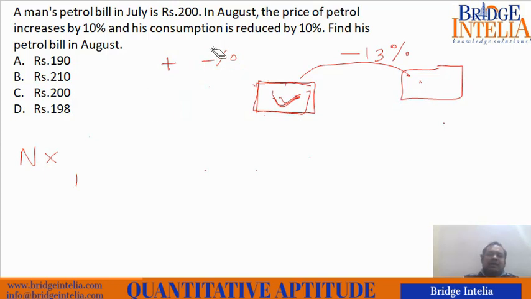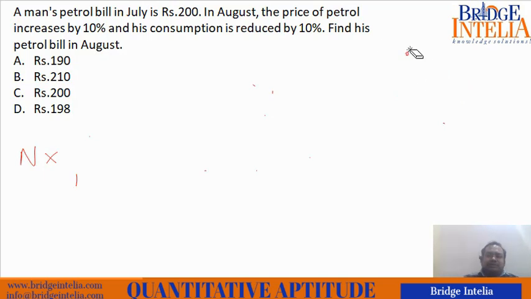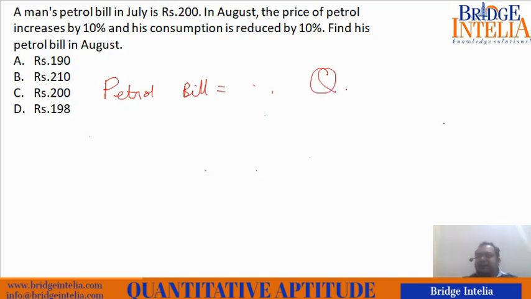Why and how. So let's understand why I told you about this concept in the context of this question. How is this concept related to this question? Let's see. So petrol bill, as you saw, is equal to the quantity of petrol that you are buying into price per unit.